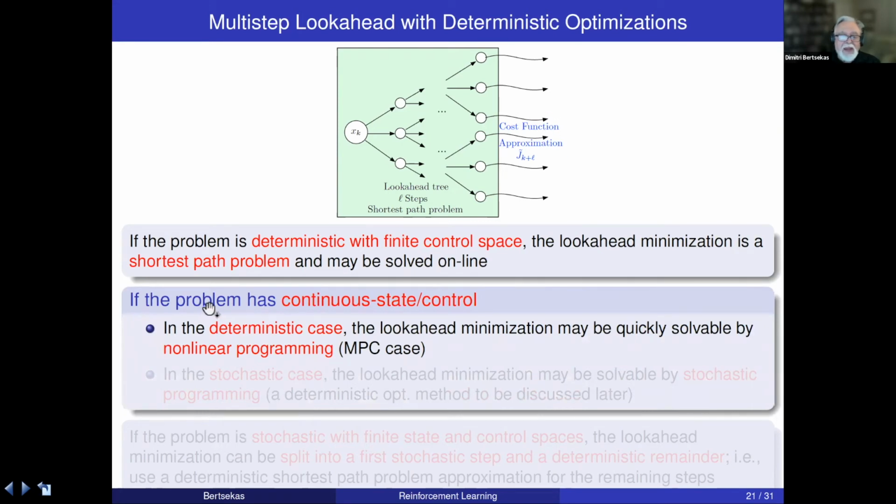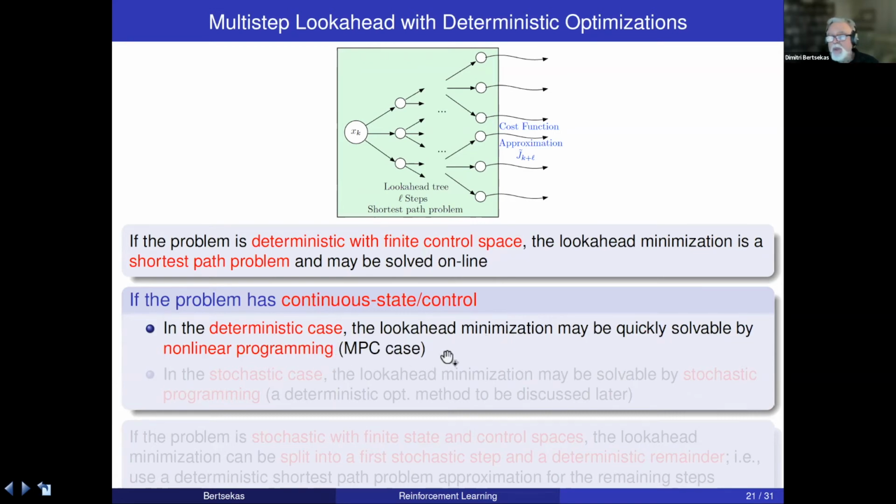Okay, if the problem has a continuous state and control space, then the L-step look-ahead minimization is a continuous optimization. It's not a shortest path type of calculation. But sometimes it can be solved quickly by continuous optimization techniques like nonlinear programming, and perhaps also integer programming.